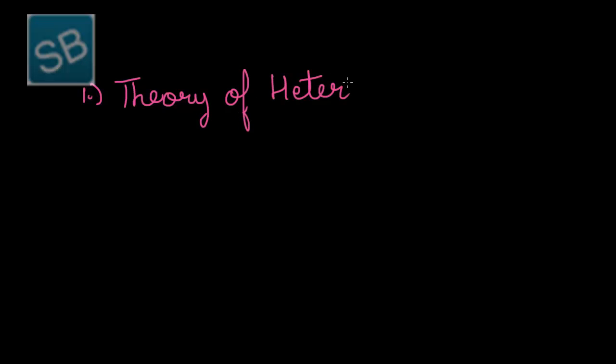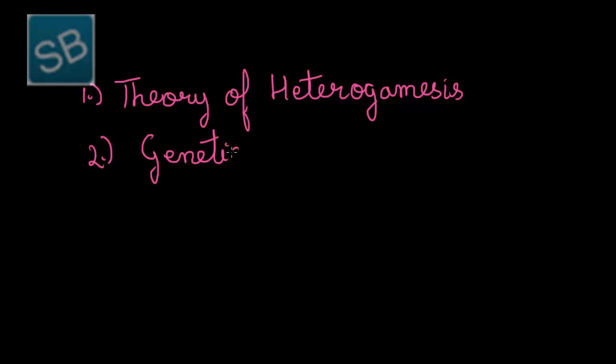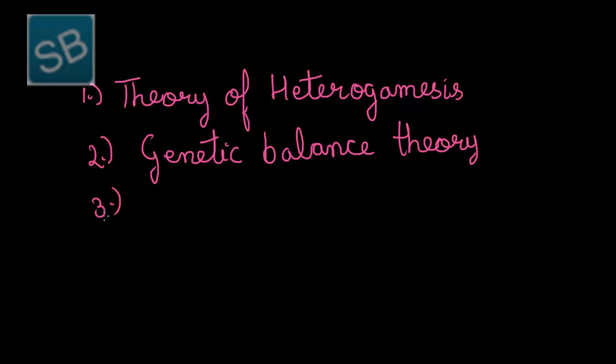Now, this chromosomal theory is divided into various types for understanding. The first theory that was proposed was the theory of heterogamesis. The second theory that was proposed was the genetic balance theory. The third theory was the haploid and diploid mechanism.